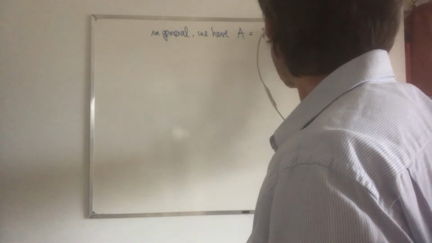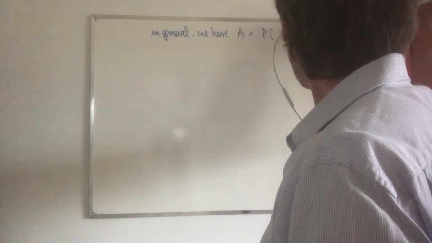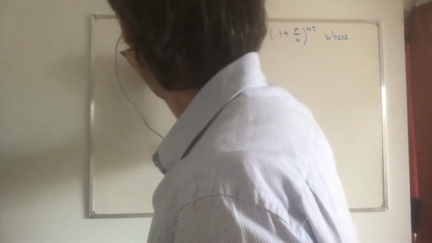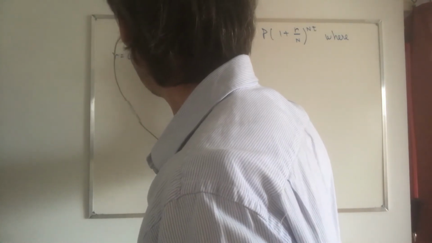We have a formula for compound interest that actually goes like this. In general, we have that A is equal to P times (1 plus R over N) to the power of NT, where R is, again, the annual interest rate.